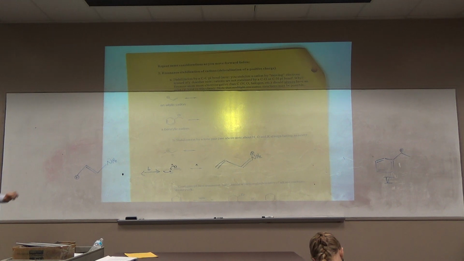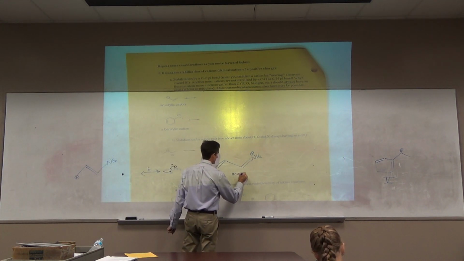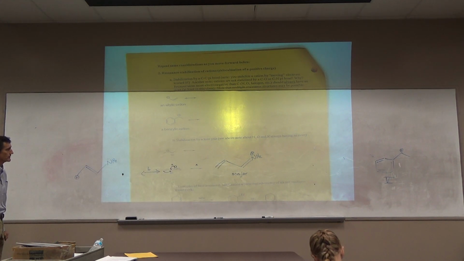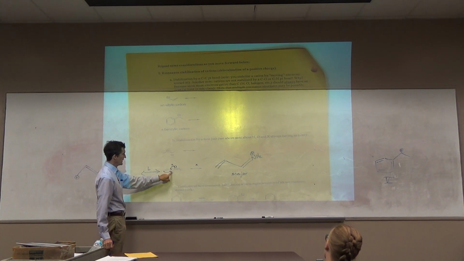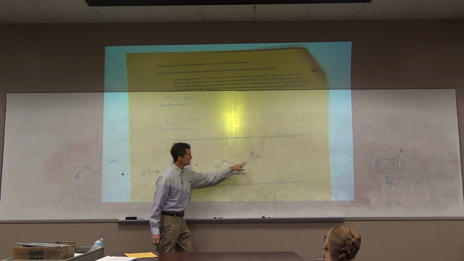Of the three on the board, which one's major? This one here. More bonds. Everything has an octet. But the charge has been delocalized. The charge doesn't just sit on this carbon. It's delocalized onto that carbon. It's also delocalized onto the nitrogen.